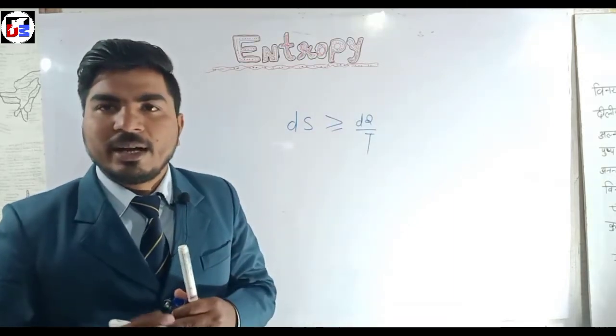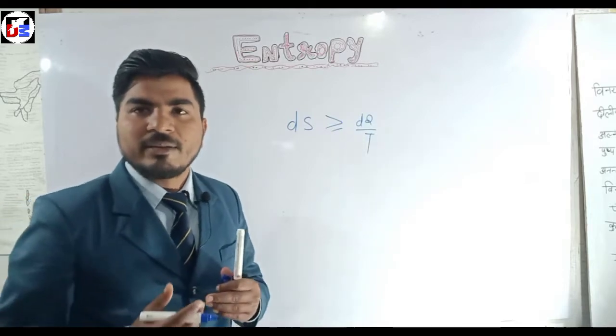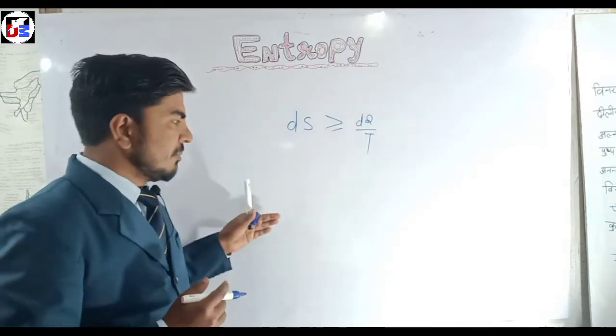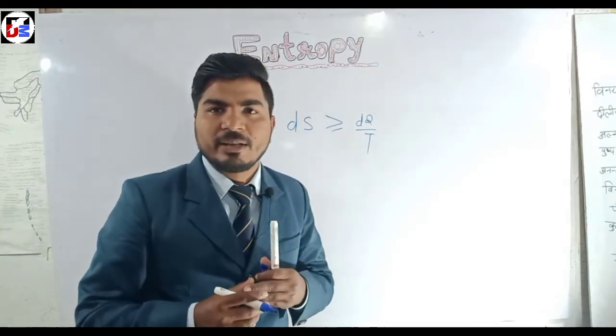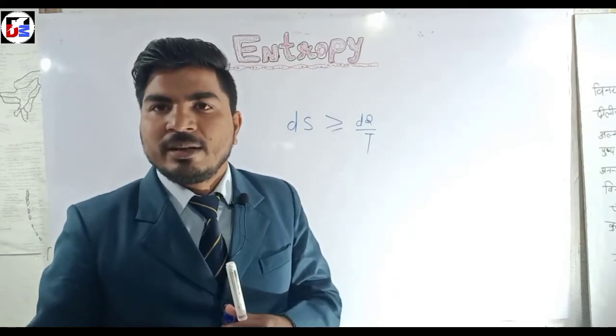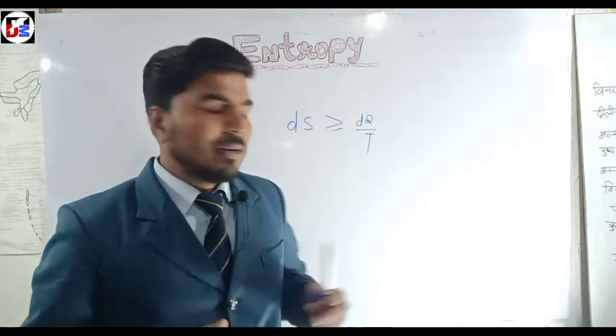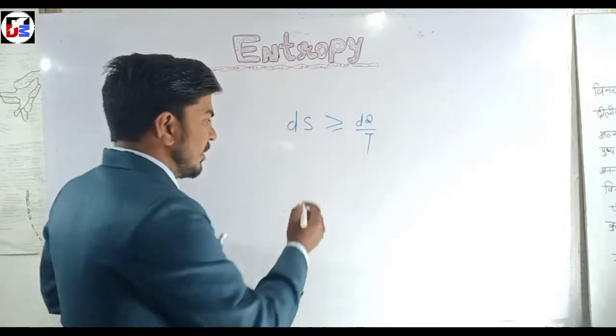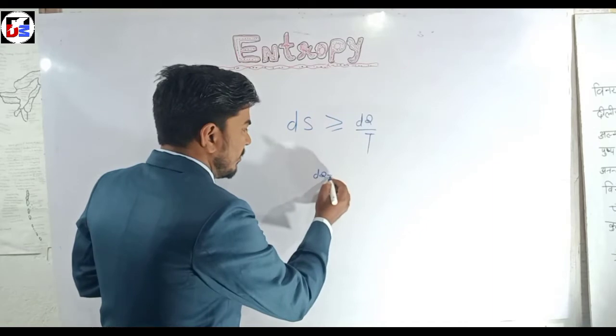If we take an isolated system, meaning a system in which there is no energy transfer and no mass transfer, then dq is 0.